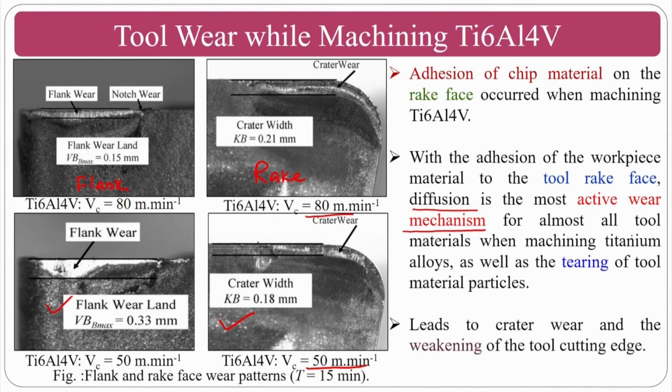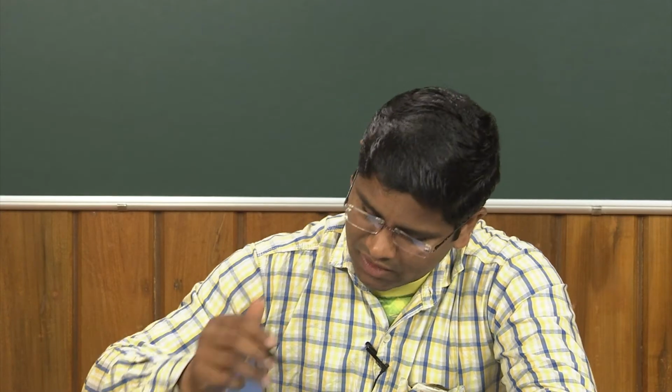So, when alloying as well as tearing of the tool material particles takes place, that is what I was telling, the transfer from higher concentration, the tool particles, to the lower concentration, that is the workpiece. Tool particles gradually move from the tool surface to the workpiece surface, that is nothing but diffusion.